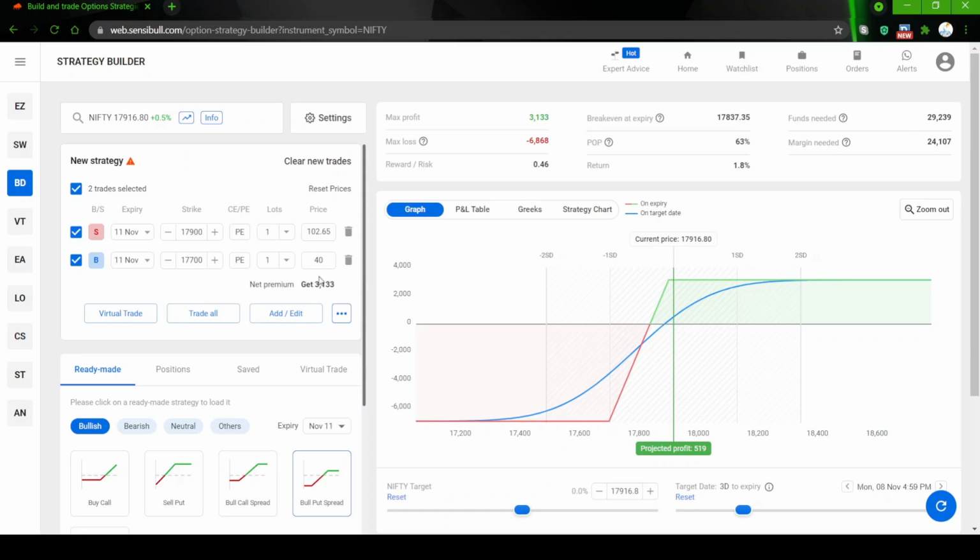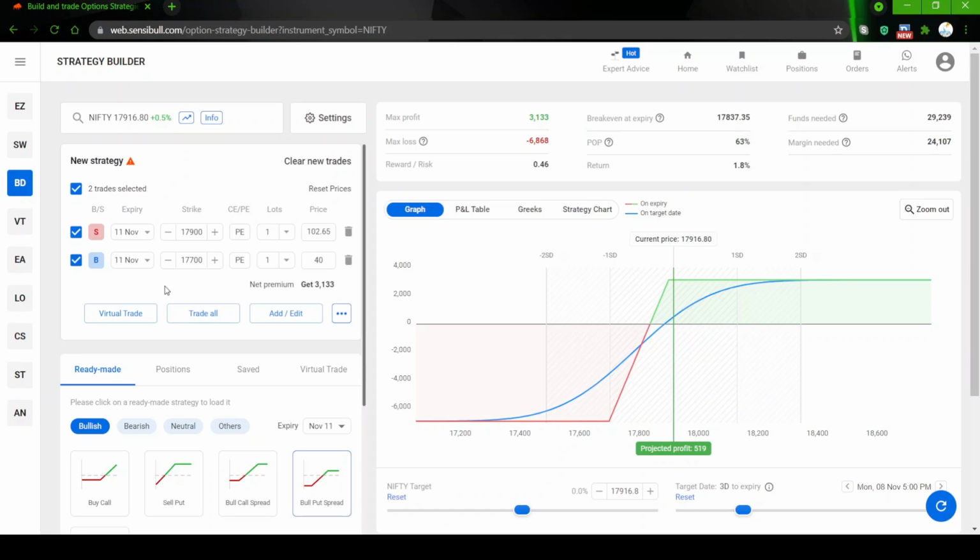Whenever we are doing a credit spread, our probability of profit is quite high because our break evens are a little higher. If we have a bullish view, we can have a bull call spread or a bull put spread.